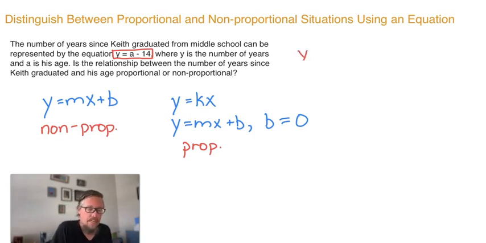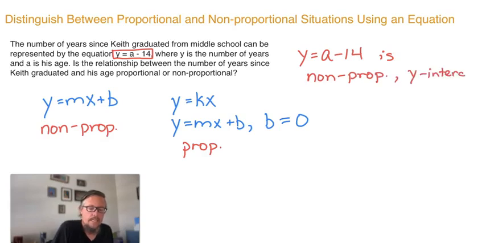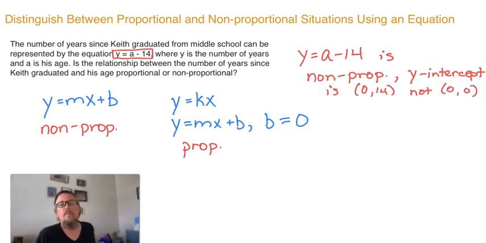So y = a - 14 is non-proportional because the y-intercept is 14, not 0. And that's how we know from an equation that a relationship is non-proportional.